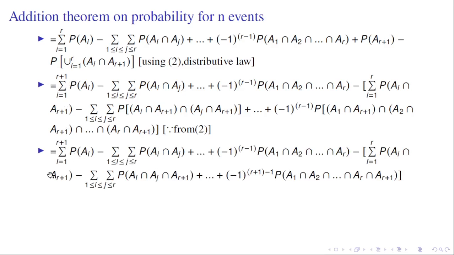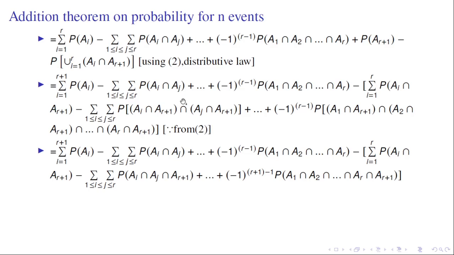So the first term is i equal to 1 to r plus 1, and we have this, i equal to 1 to r, probability of Ai intersection A r plus 1, minus probability of i less than j less than or equal to r, up to this.